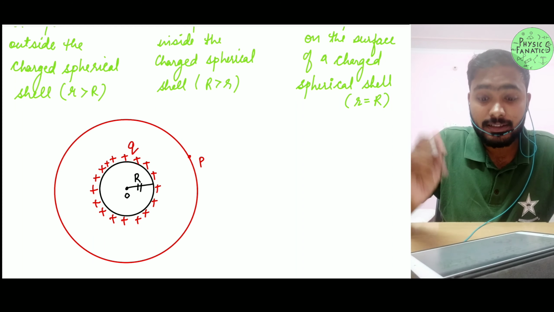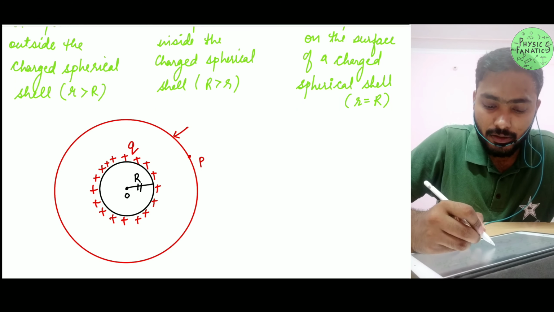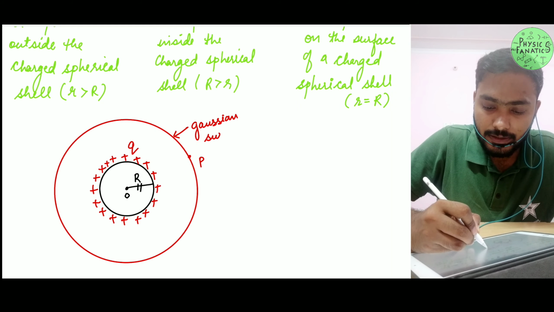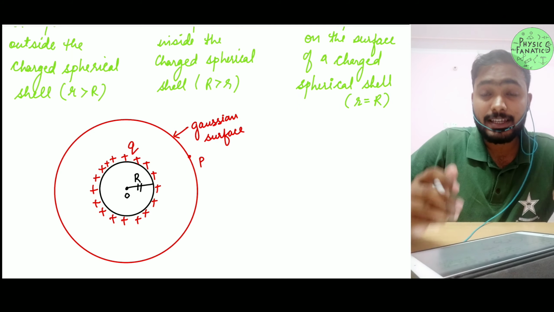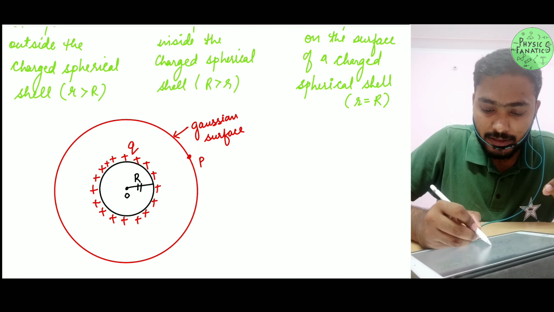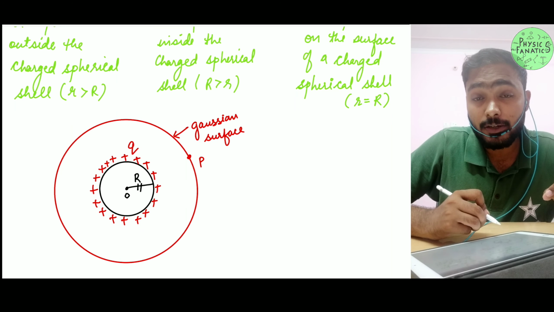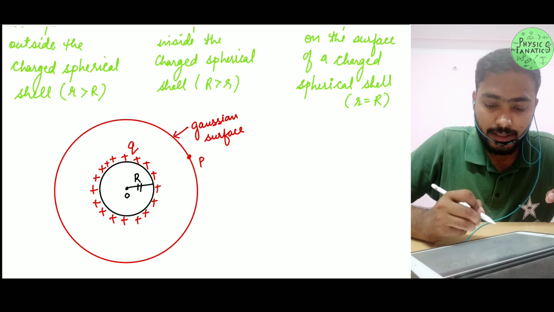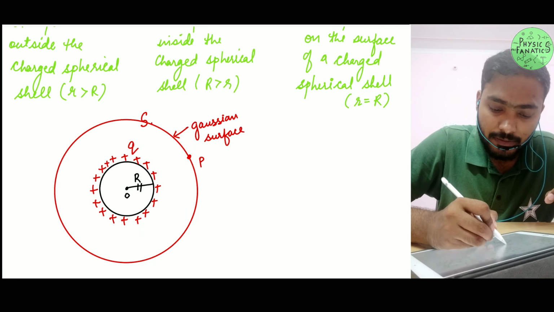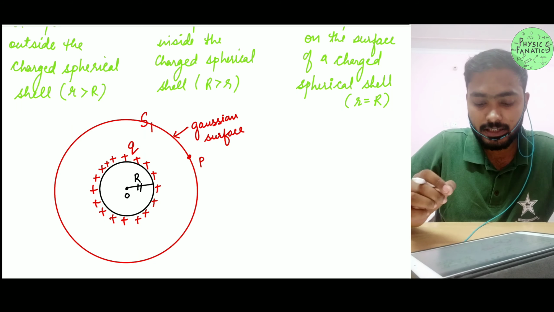This is my Gaussian surface, which is passing through my point P, where I'm supposed to find the electric field. Let me call this surface S1.